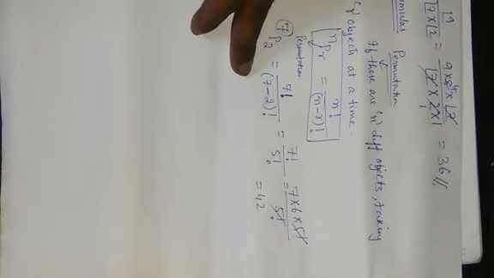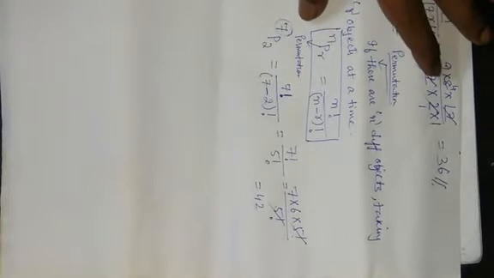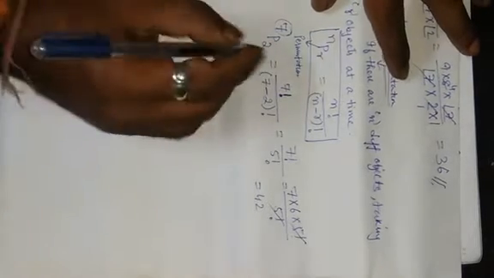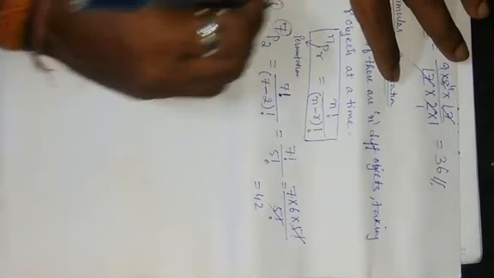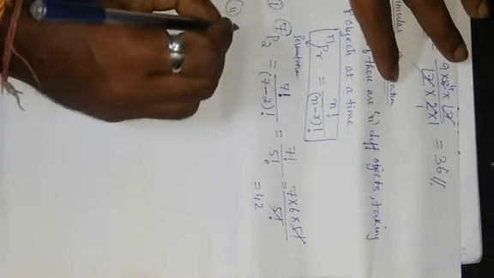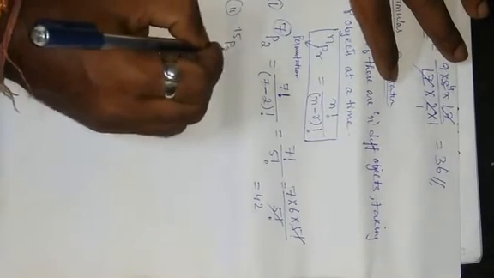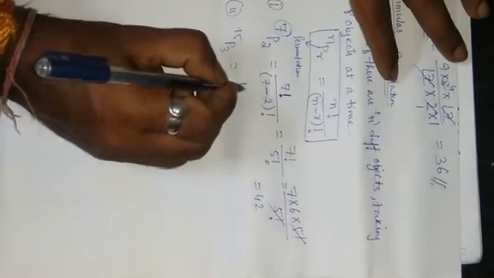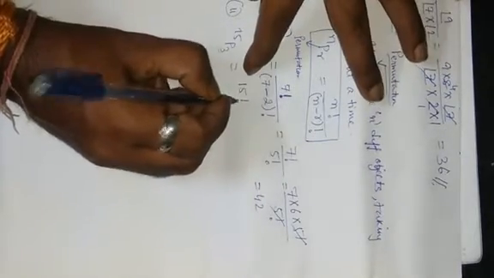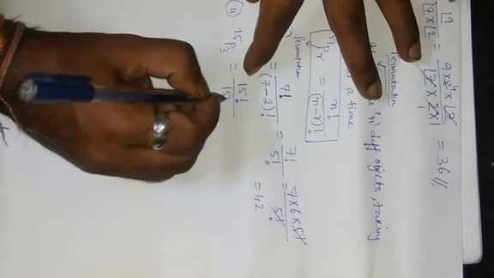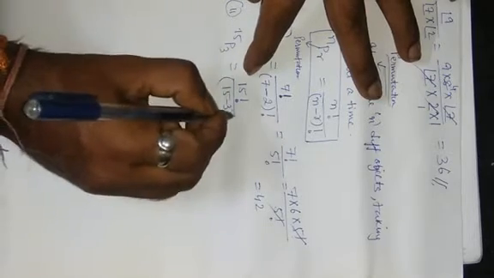Let me solve one more problem. 15P3. 15P3 is nothing but 15 factorial by 15 minus 3 factorial.